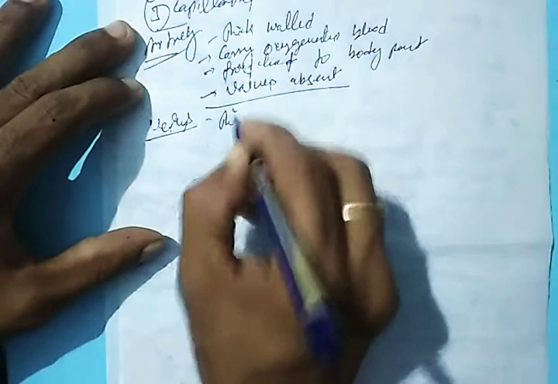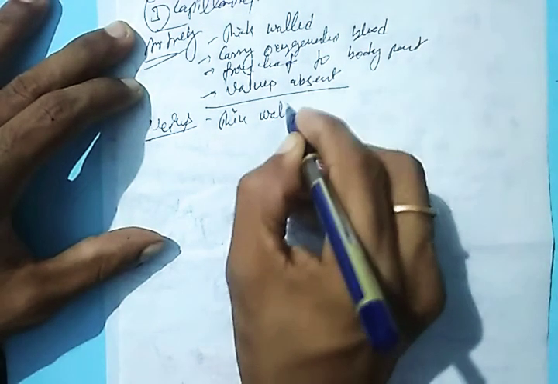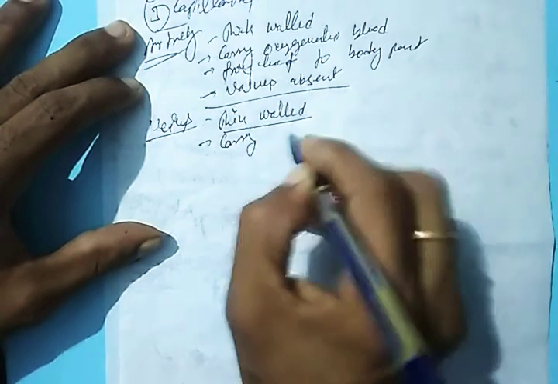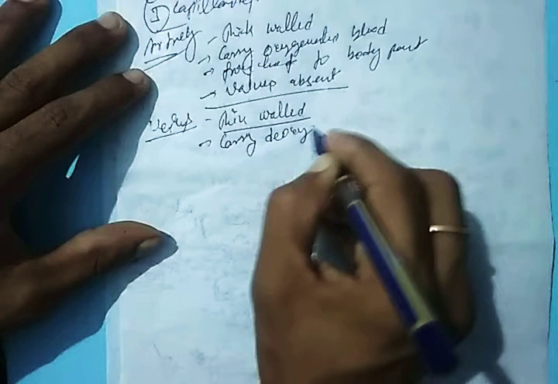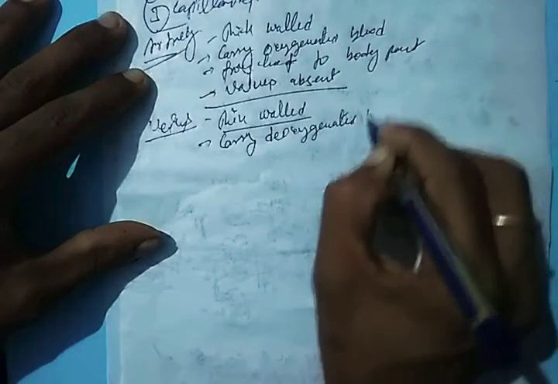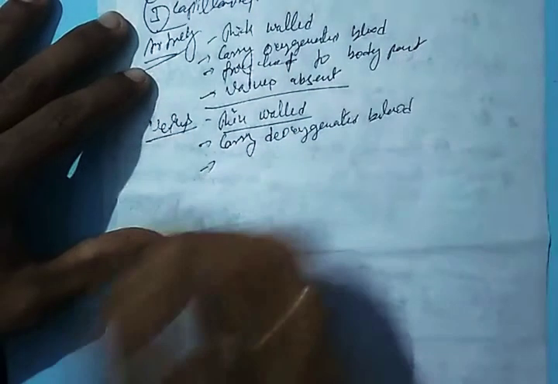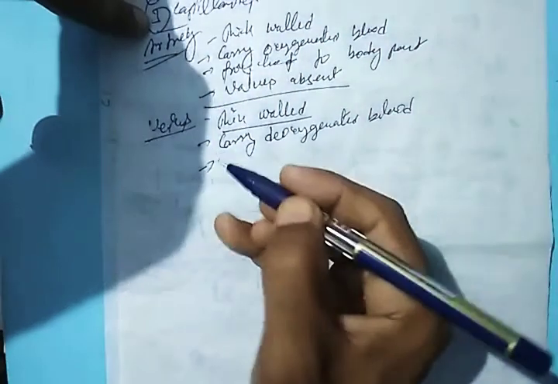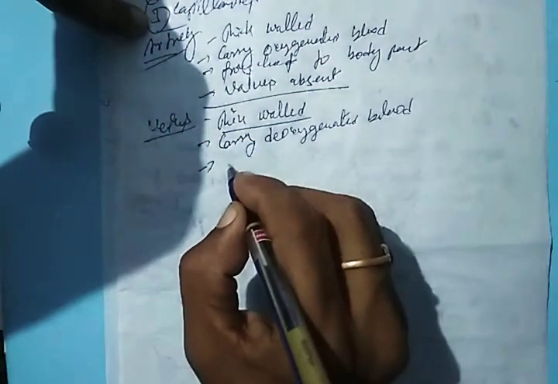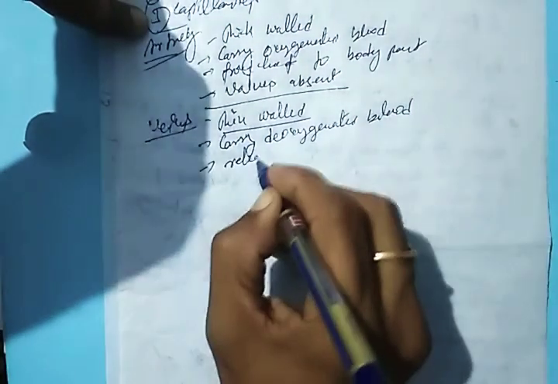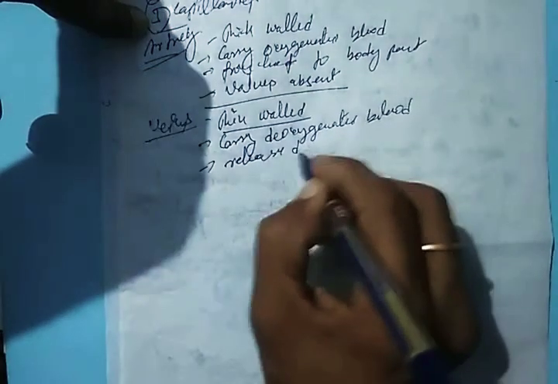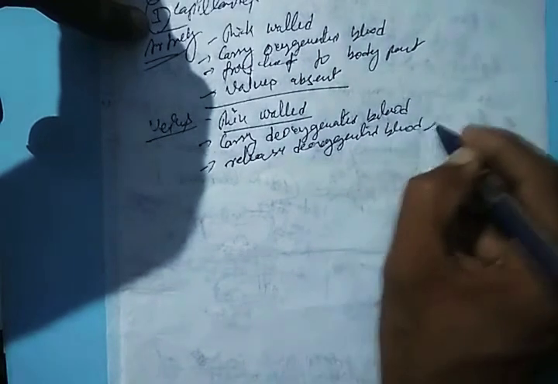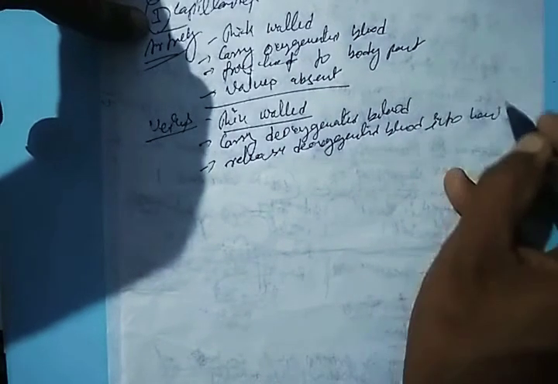Then in case of veins, what are the features of veins? These are thin walled comparatively. Then they carry deoxygenated blood, and they release the deoxygenated blood into the heart.